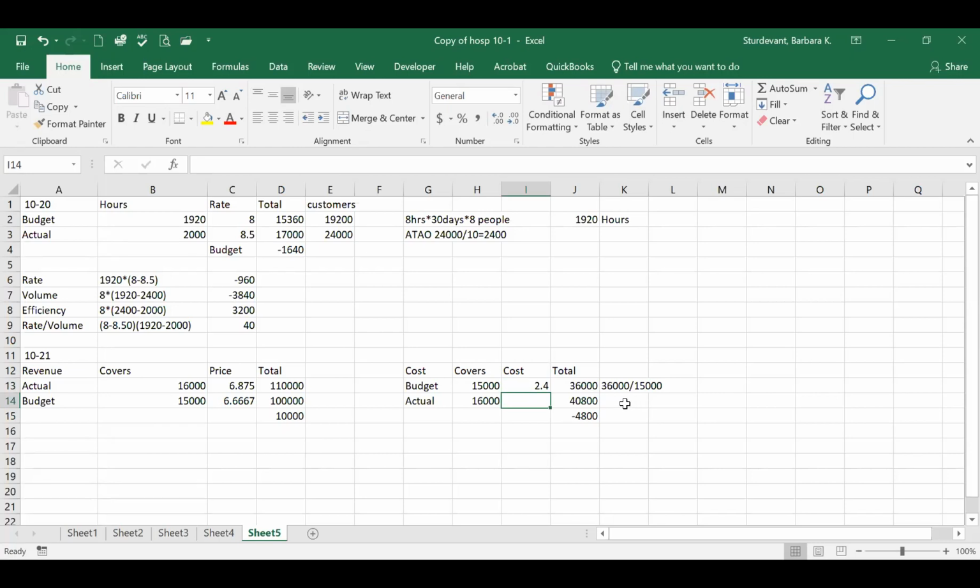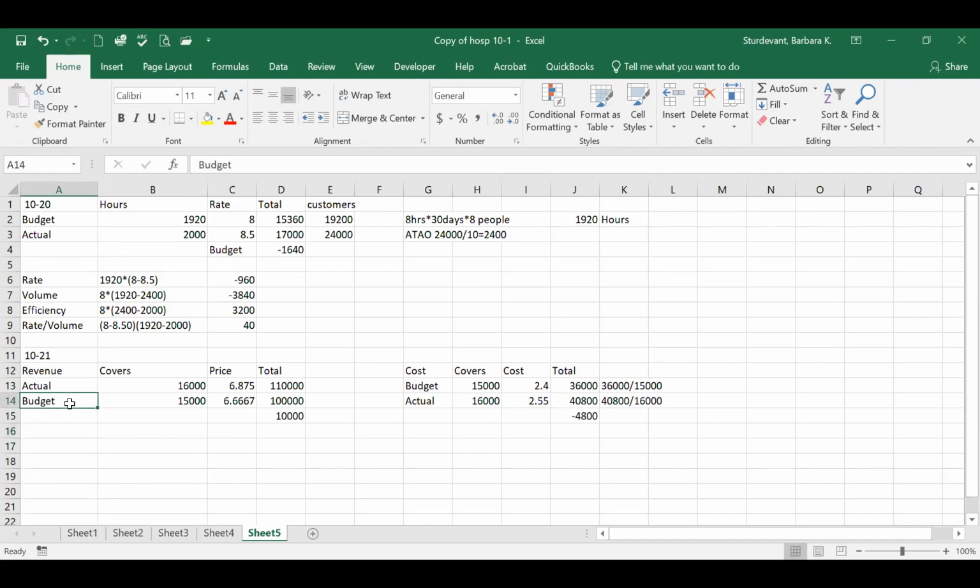And then you got to do the same thing here with taking the 40,800 divided by the 16,000. And so what was our actual cost? 2.55. And then now we can do the variances. So your first step is to kind of fill in the little grid. And then it should be pretty easy from right there.